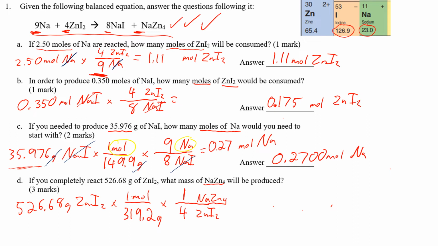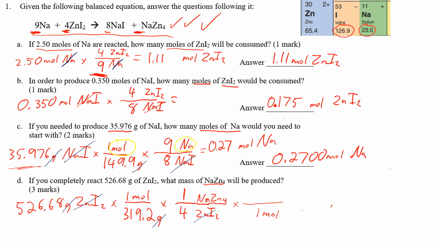Now, before we move on, I just want to cancel my units, just to see that I'm on the right track. Grams cancels with grams. Zinc iodide cancels with zinc iodide. The unit that I currently have, if I did this calculation, would be moles of NaZn4. I don't want moles of NaZn4.